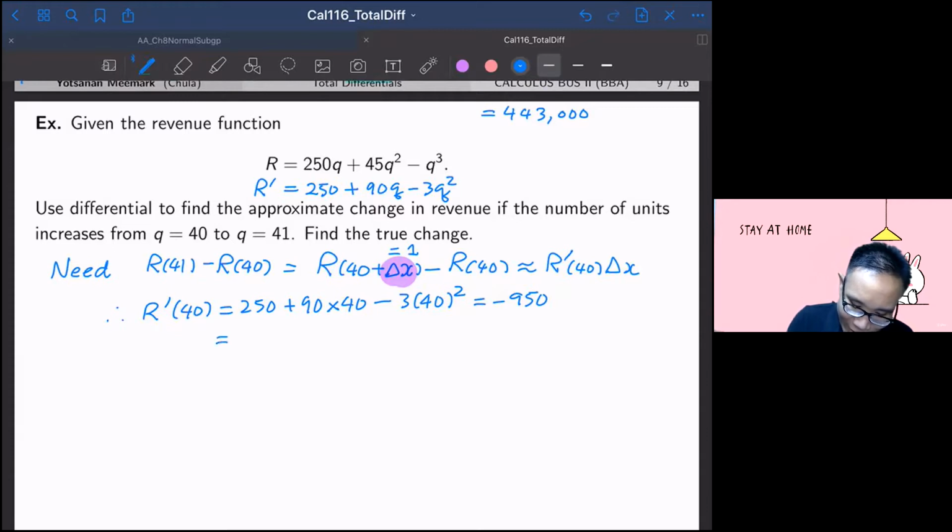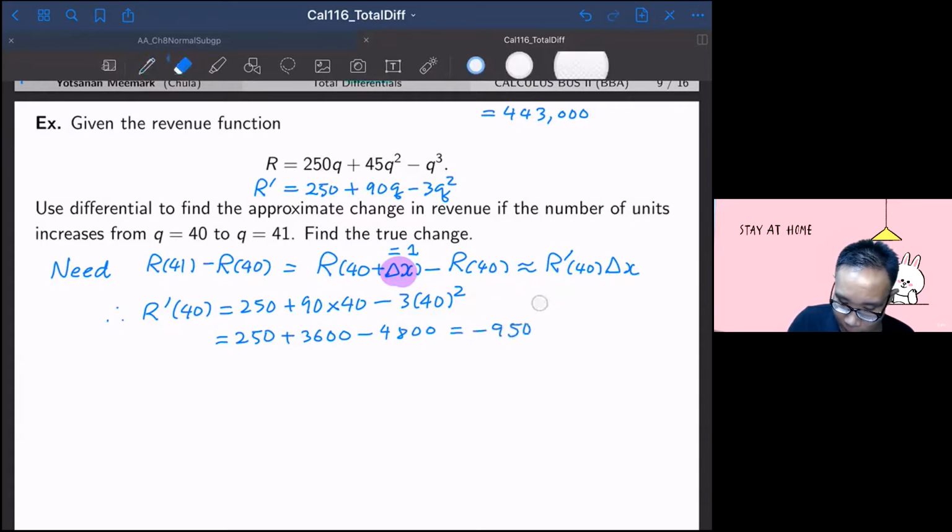Let's calculate: 250 plus 3600, and this last term is 48 hundred, and the total number would be negative 950. So this is R prime at 40, and delta x here is equal to 1.